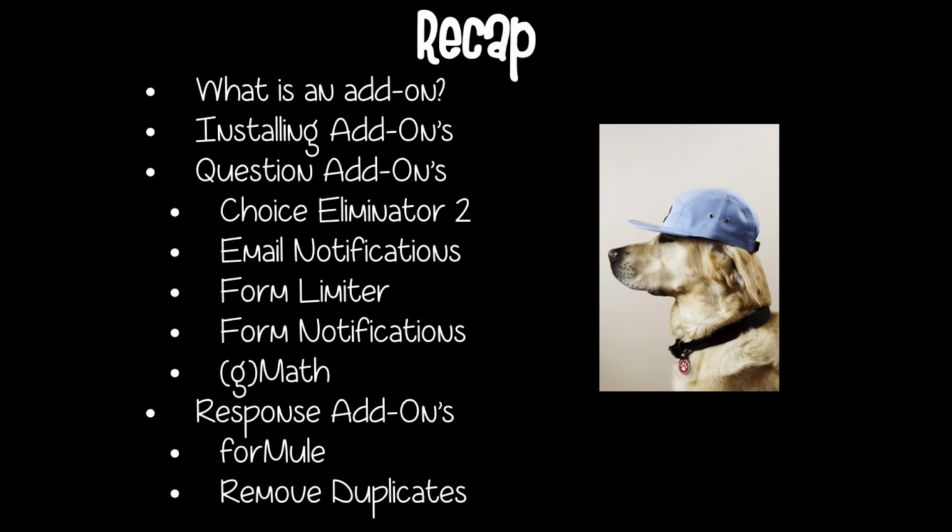Form notifications, a little different than email notifications, simply because it allows you to notify either one and customize the message. They're very similar, little differences, completely personal preference. GMath allows you to write math expressions within the question.